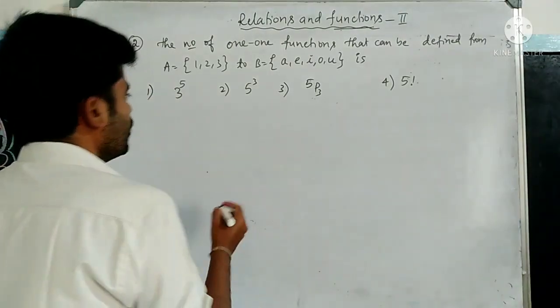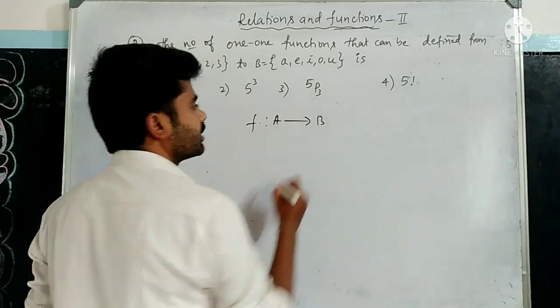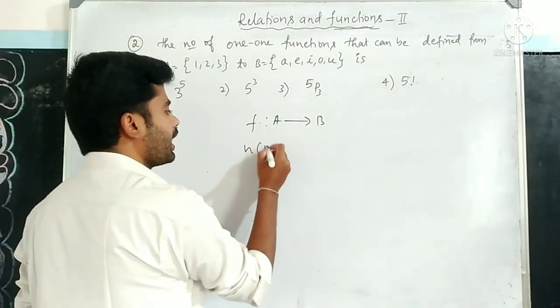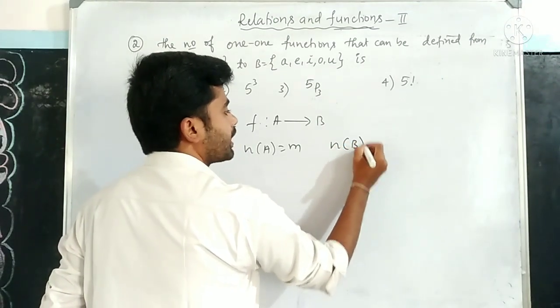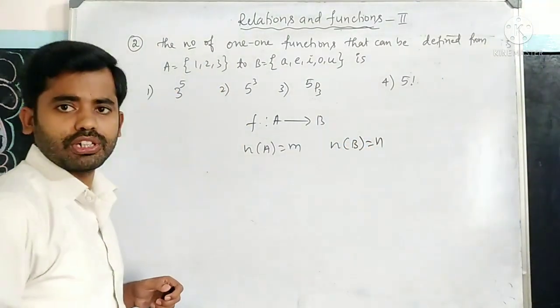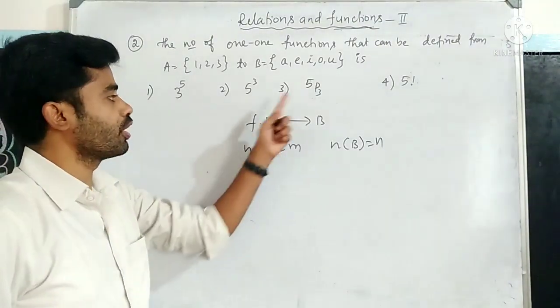First of all, I will take a function from A to B. The number of elements in A I will take as m, and the number of elements in B as n. First, how many functions can I draw from A to B?